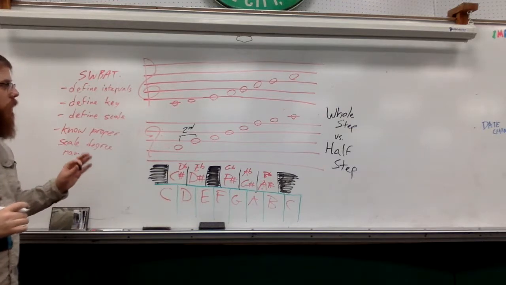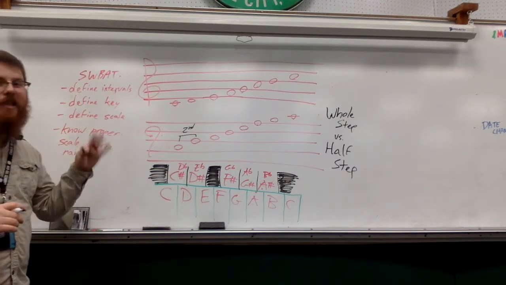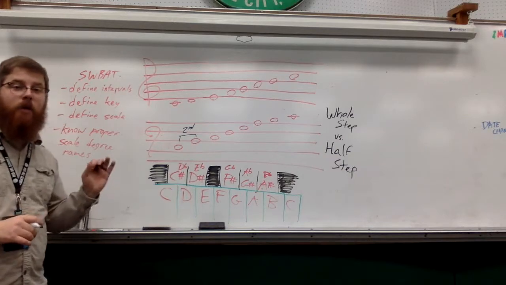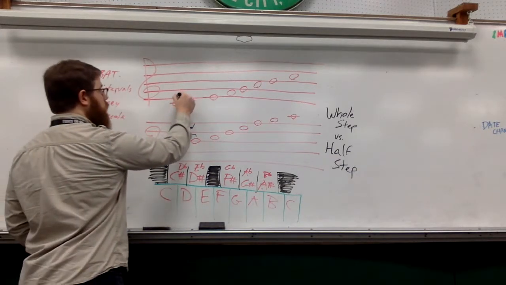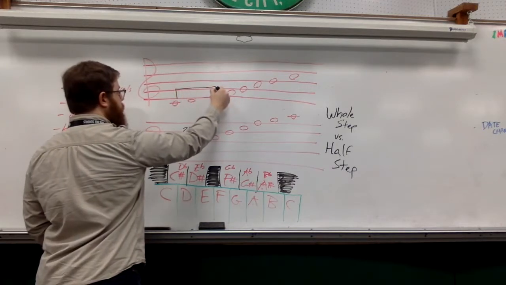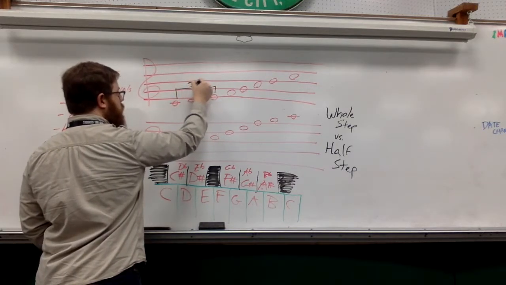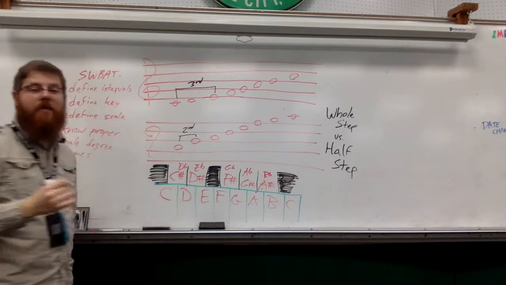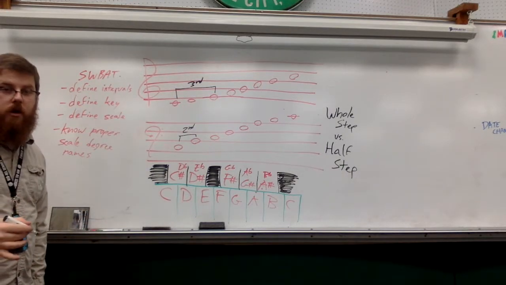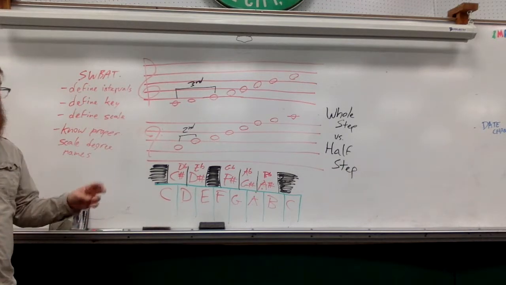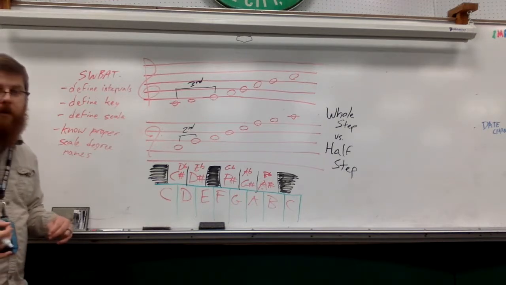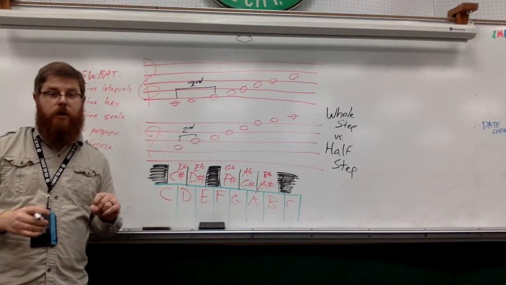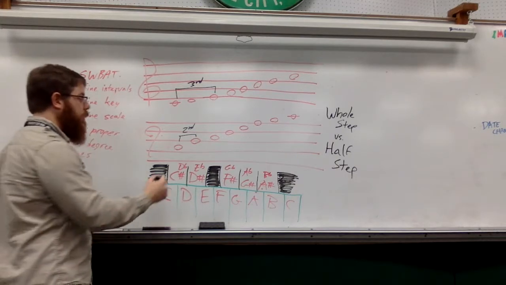If I'm moving from C to E, I'm going from the first note to the third note. So now I have an interval of a third. If I'm going from C to F, I'm going from the first note to the fourth note.